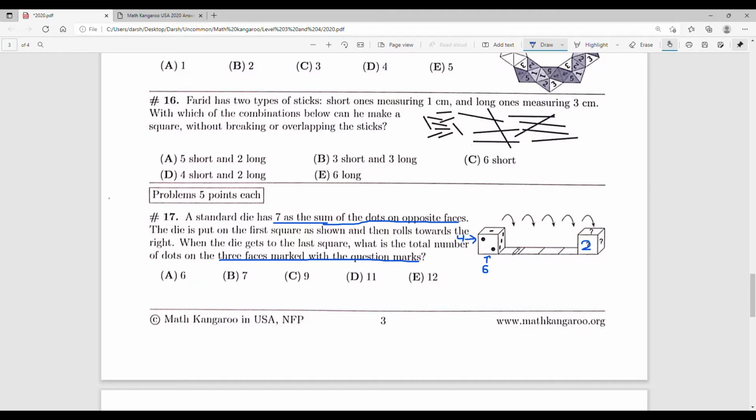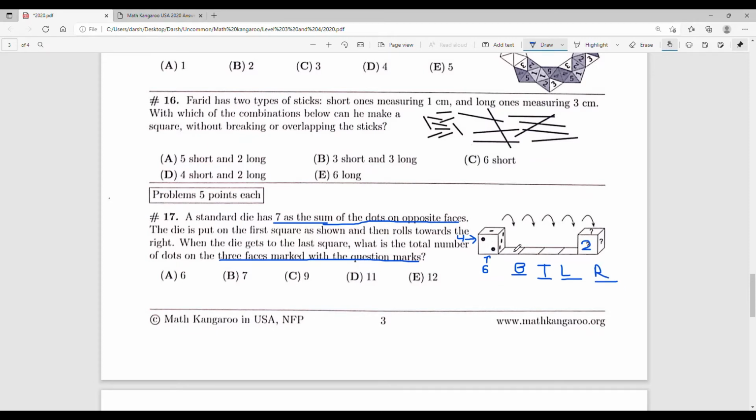So when we first rotate it, I'm going to do it like this. I'll say B for bottom, which face is at the bottom. Then I'll say T for top. And then let's say L for the left face, which is this one, and then R for the right face, which is this one.